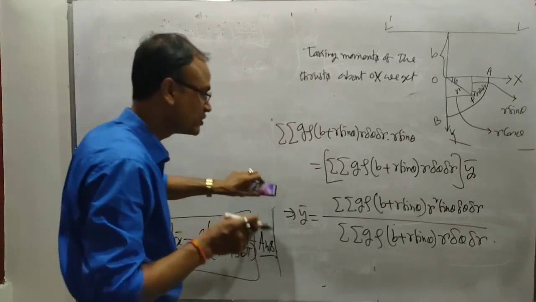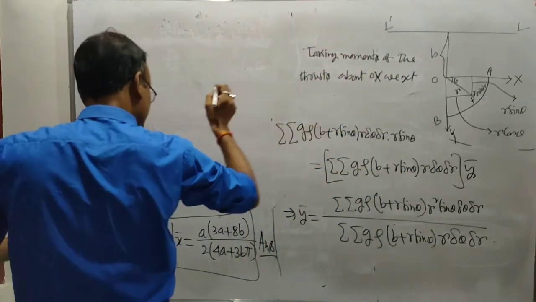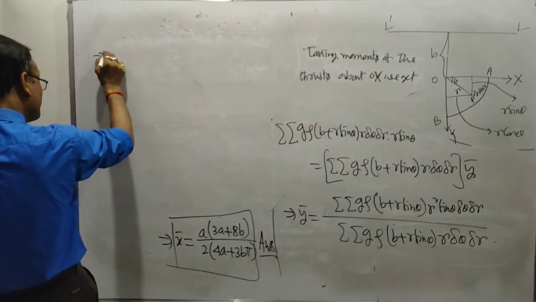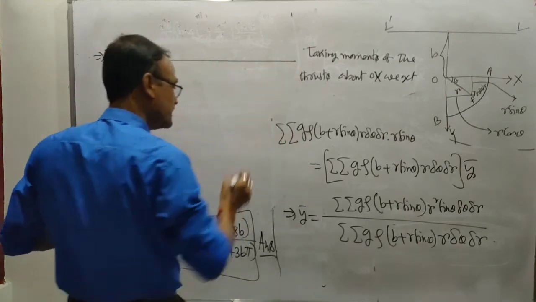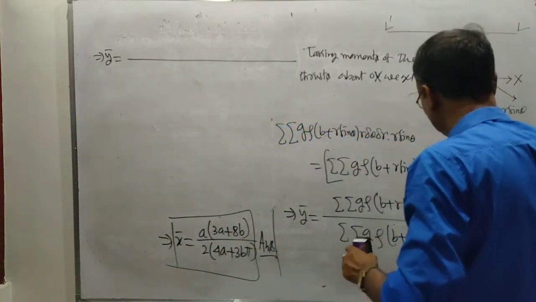Now Y bar is equal to this. The common factor will be cancelled like this. This means Y bar equal to double summation.